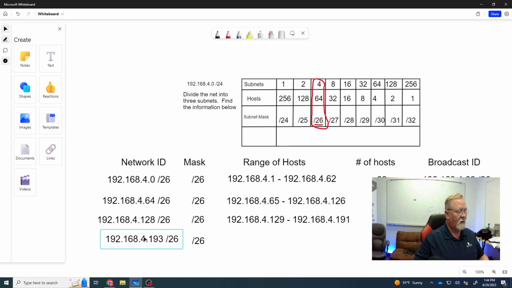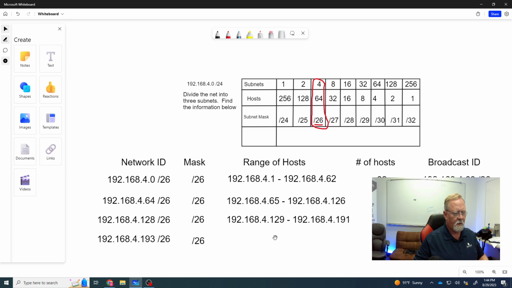And that's going to go all the way to 255. That will be the broadcast IP there. And the range is going to be 194 to 254.